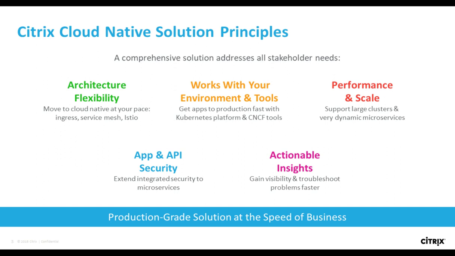When you are looking for cloud-native application delivery solutions, you have to consider 5 critical things. Number 1, what is the right architecture? Does it work with your environment and your tools? Because you want to take your applications fast to production, it should be able to support your choice of Kubernetes platform and also open source tools.